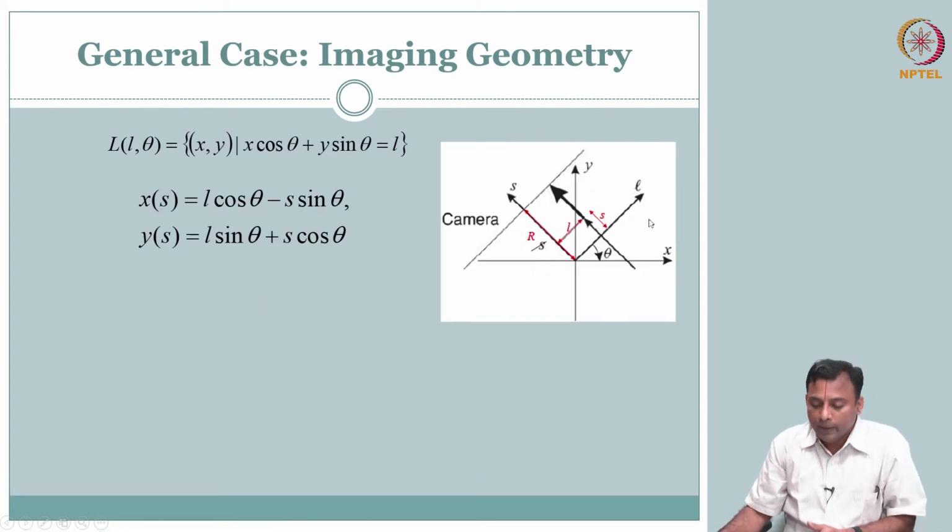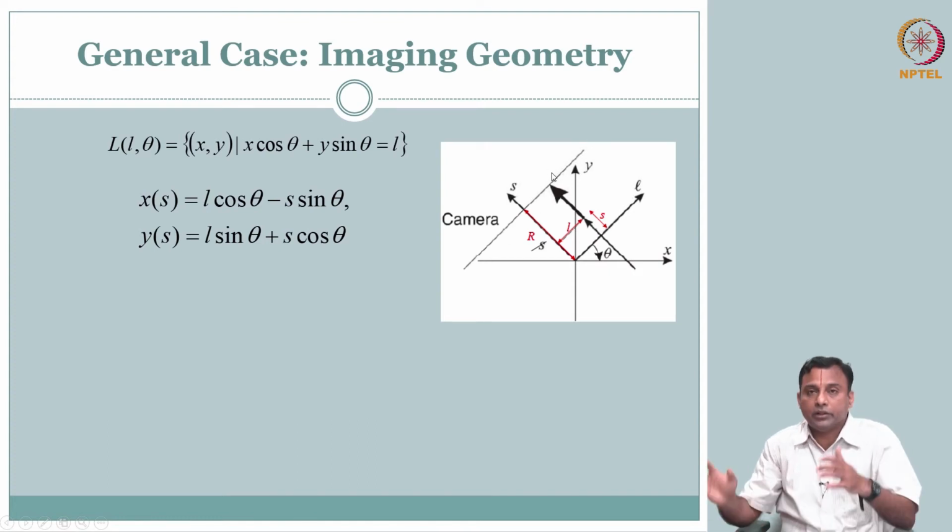So, how do we do that? You have your L comma theta. Instead of writing that, we can write it in terms of S, and therefore you notice from here we could do this transformation. At any particular theta, you can start to write, this is your camera, this is your location, so you are moving.